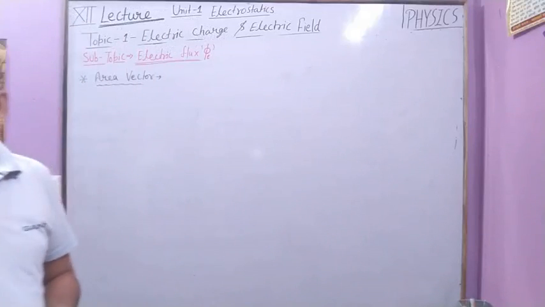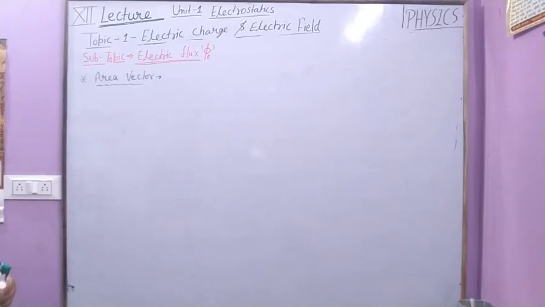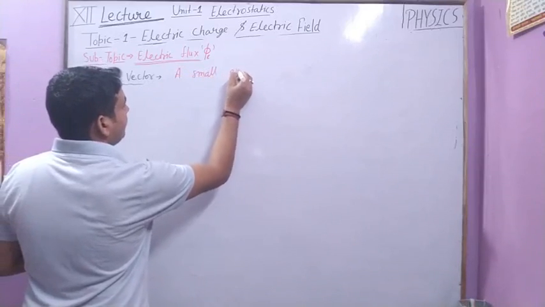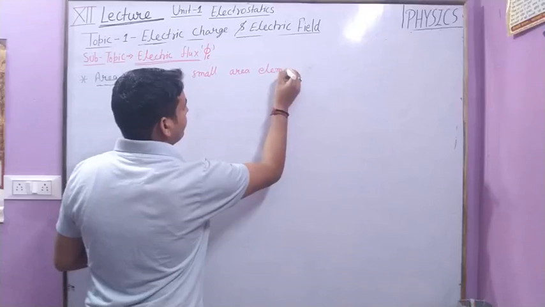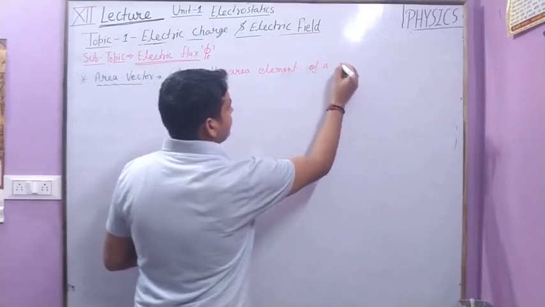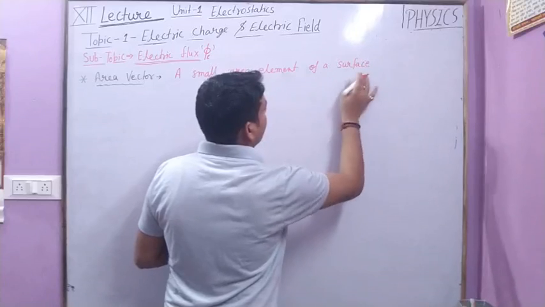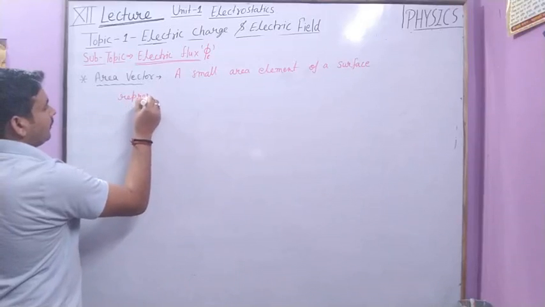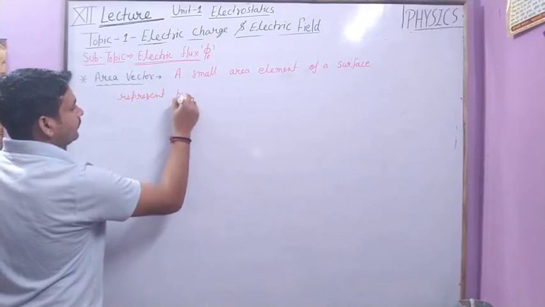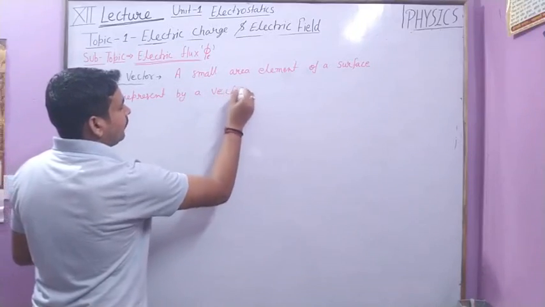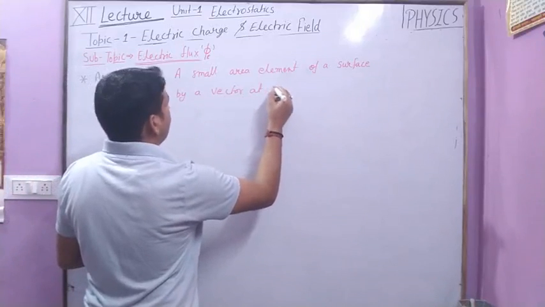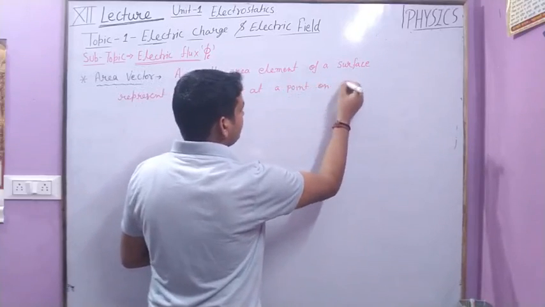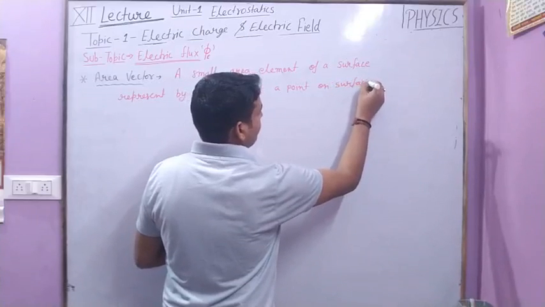So we can define it as: a small area element of a surface is represented by a vector at a point on the surface.